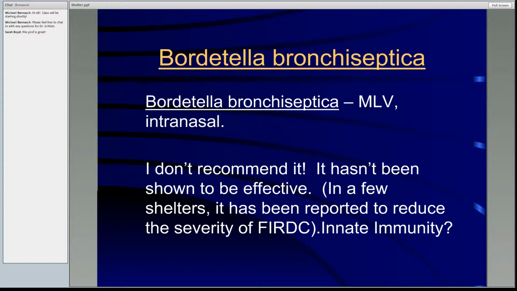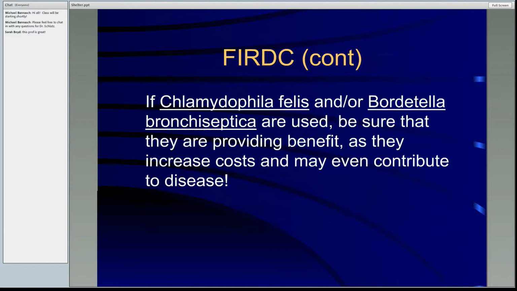There have been some reports that the Bordetella vaccine helped, and that's one of the things you always need to keep in mind. When you're in a shelter environment, you need to answer some of these questions for yourself within that environment. If you start using that particular vaccine, does it improve and reduce the amount of disease you're seeing?